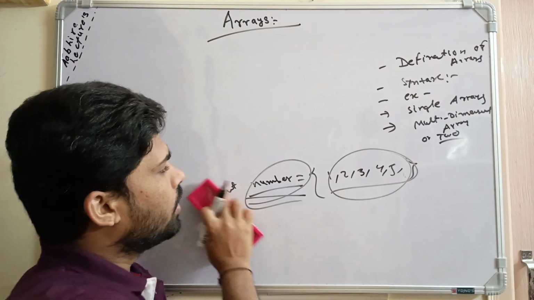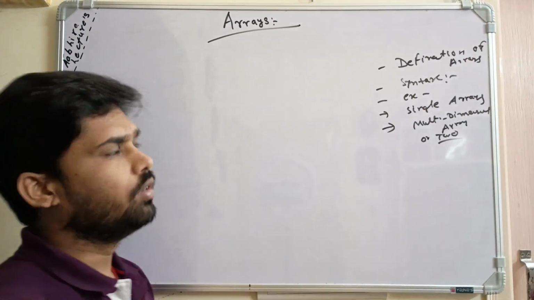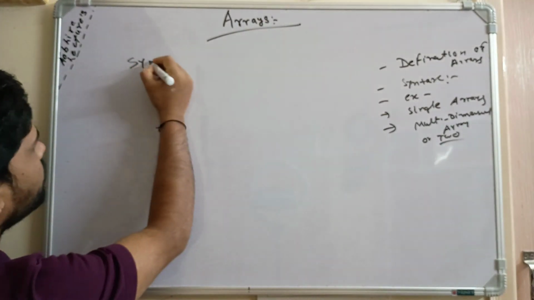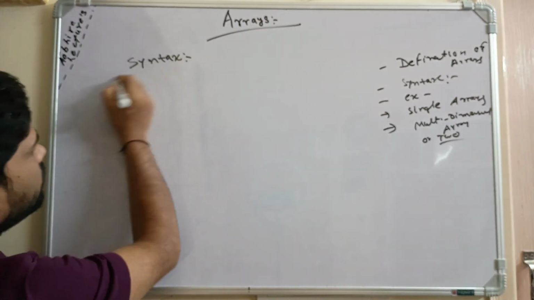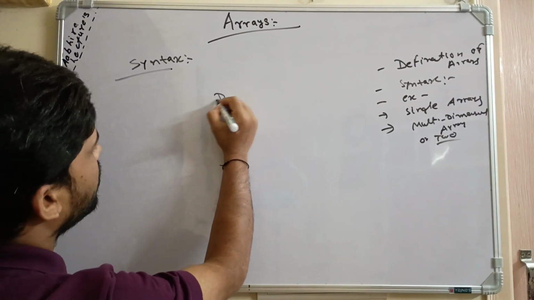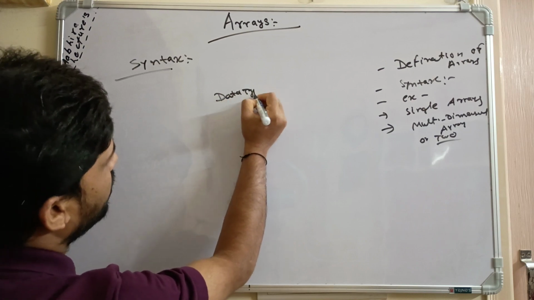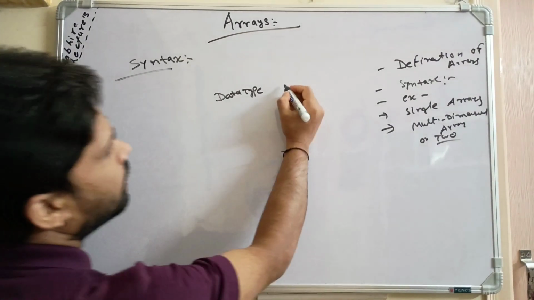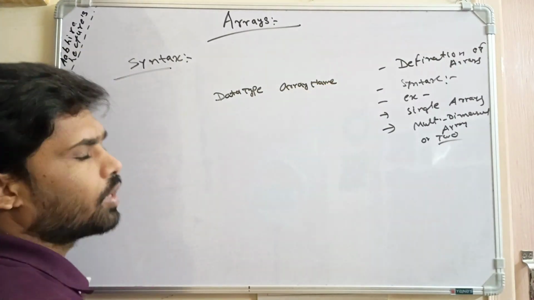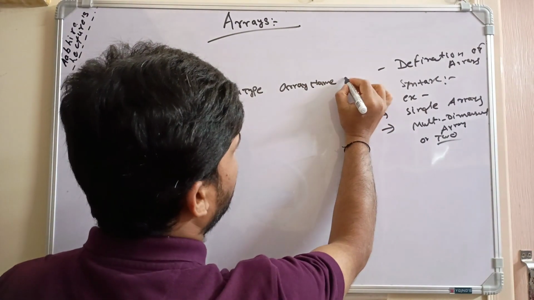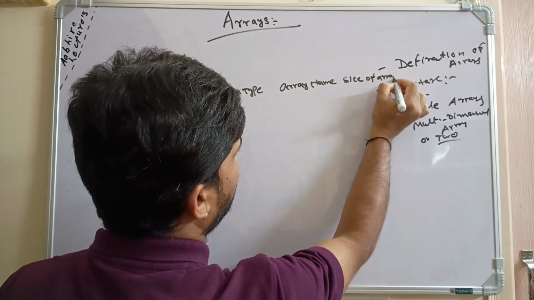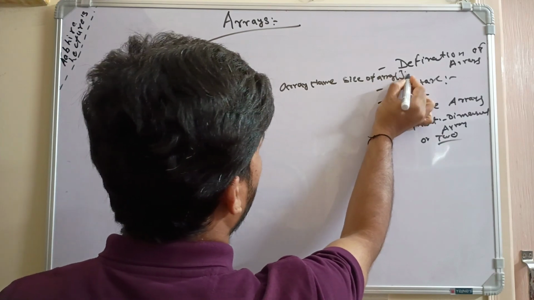So we will see the general syntax of an array. First of all, we take the data type, then the array name, and then the size of the array.